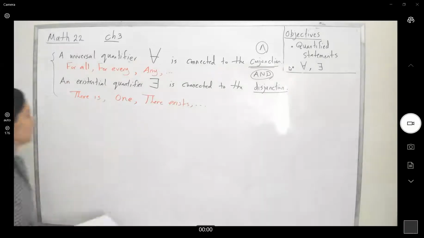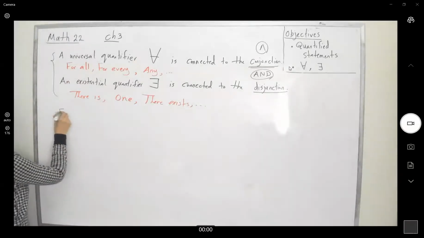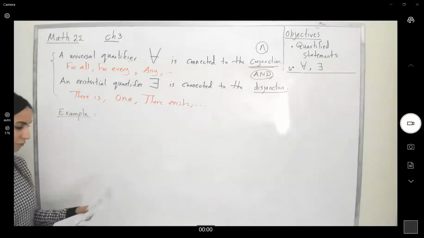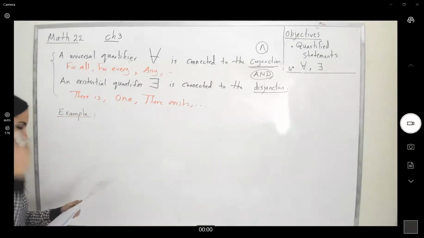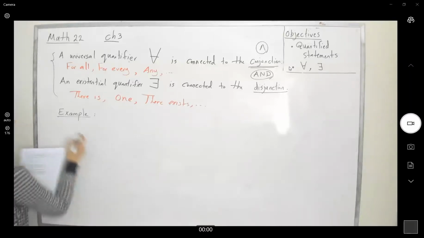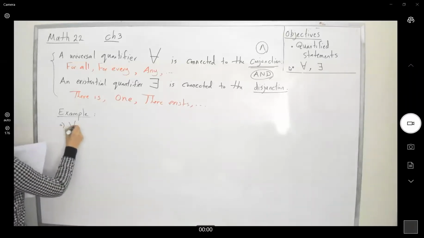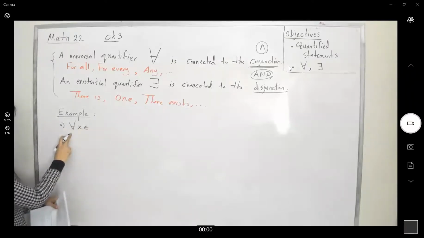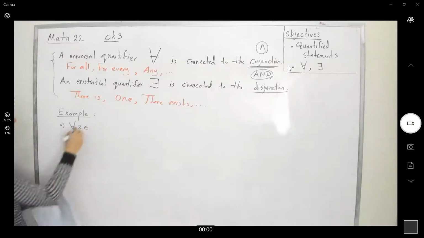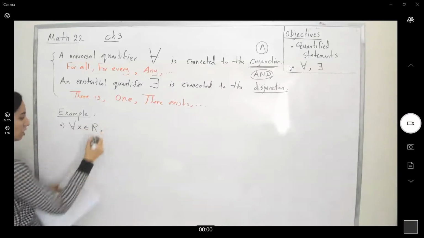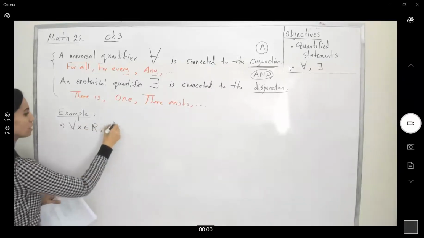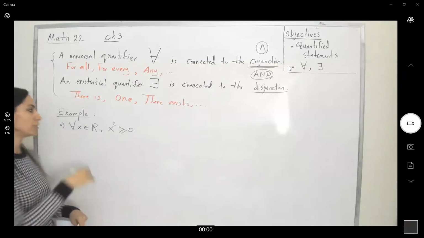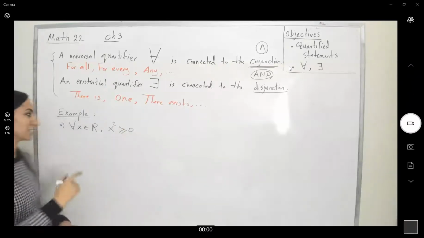For example, suppose we have the following. The first one says, hey, you have these statements. You have a universal quantifier, x belongs to R, comma, x squared is greater than or equal to 0. They don't care if it's true or false. They're just trying to translate these.